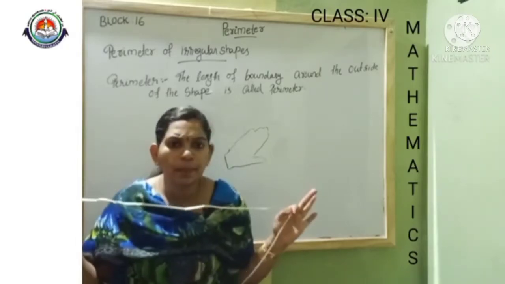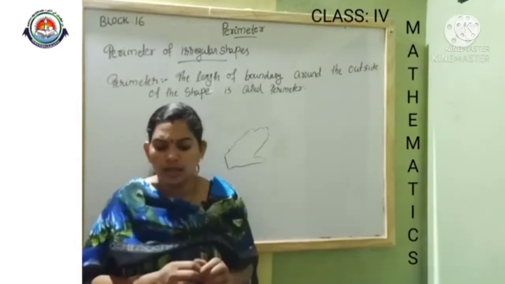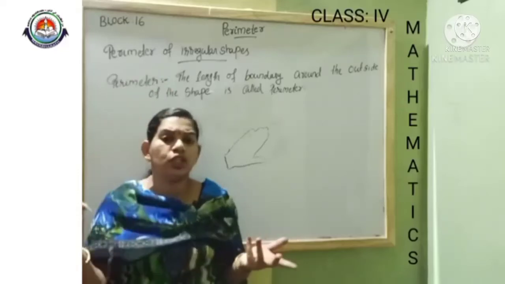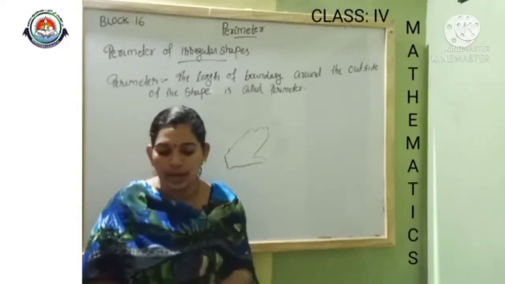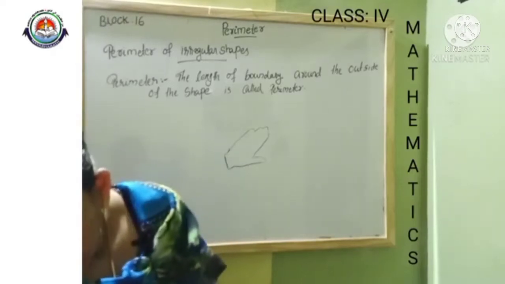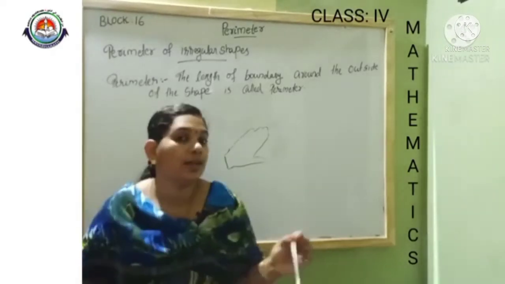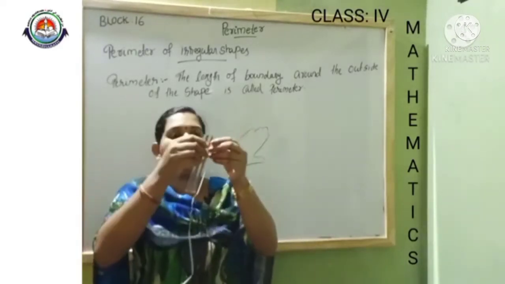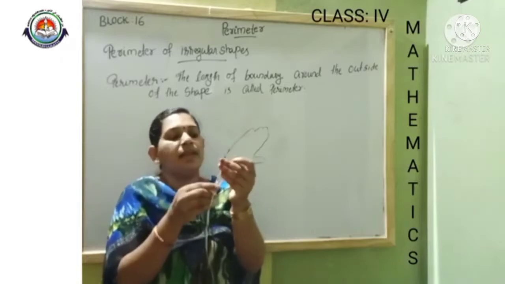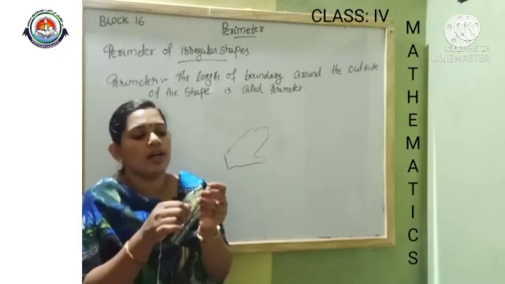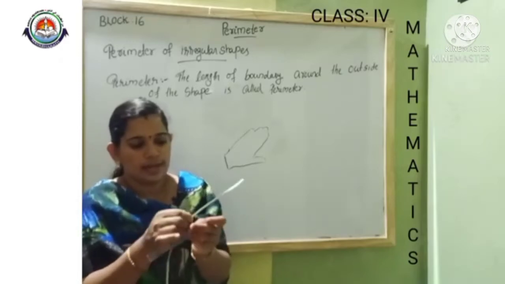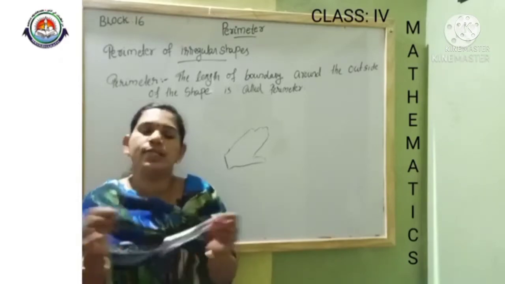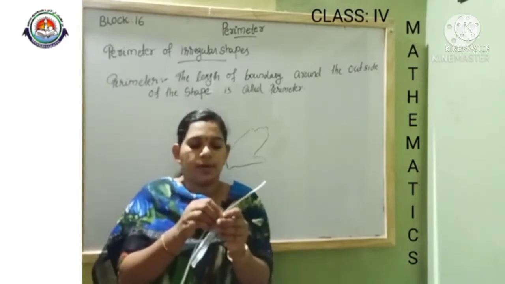Did you measure your hand perimeter? From here there is no measurement. How do we measure it? Yes, using a ruler. Take your ruler. Then measure the length of your string. 15. If you have a long scale, you can take that scale, no problem.